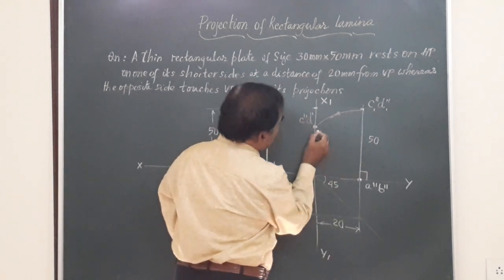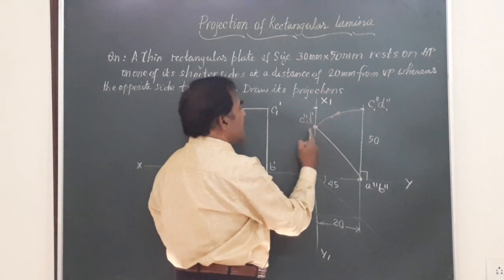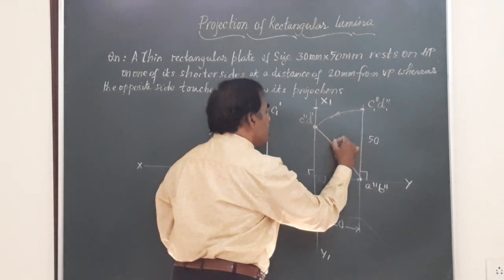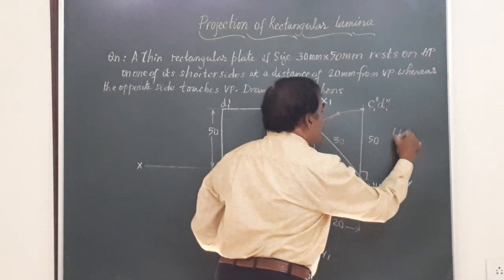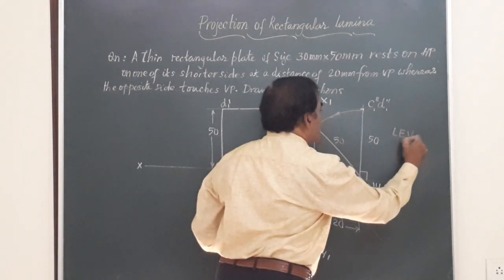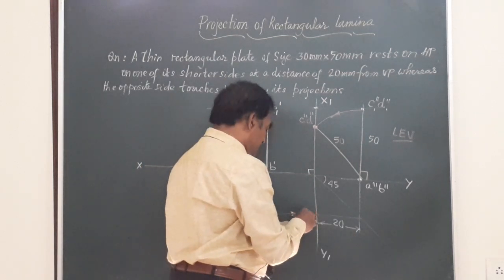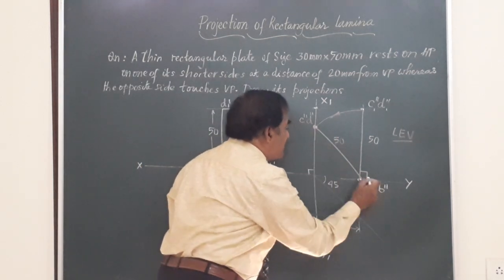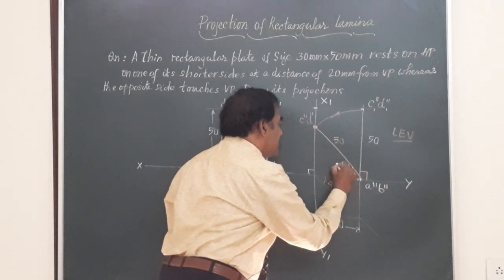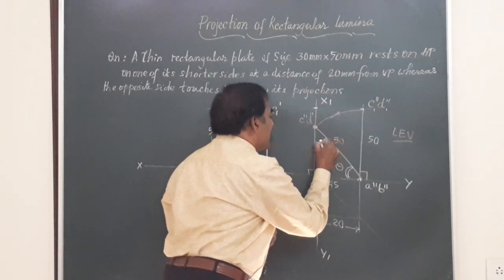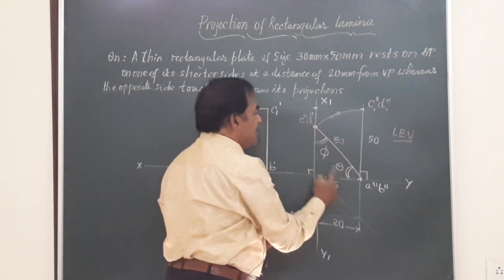If you join A double dash B double dash with C double dash D double dash, this line will give you the final left end view or left profile view of the lamina, and immediately you can measure what angle that surface is making with the HP, which is called theta, and also what is the angle made by that surface ABCD with VP, which is phi.